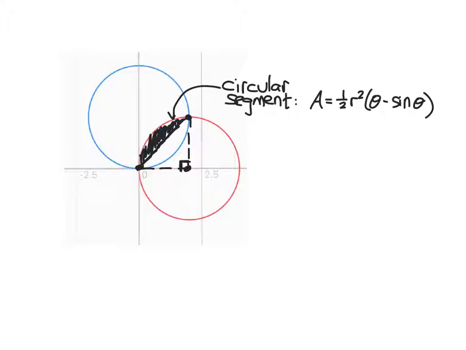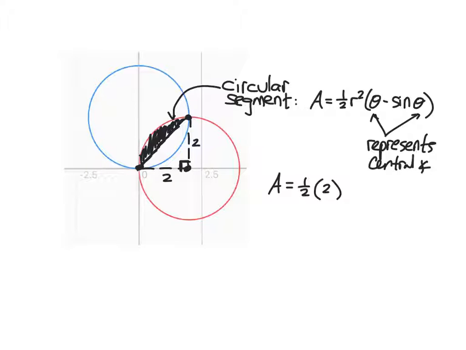All right. So that theta in this case represents the central angle. All right, so the area, because we know the radius is 2, of just this one piece would be 1/2 times 2 squared times pi over 2 minus the sine of pi over 2.